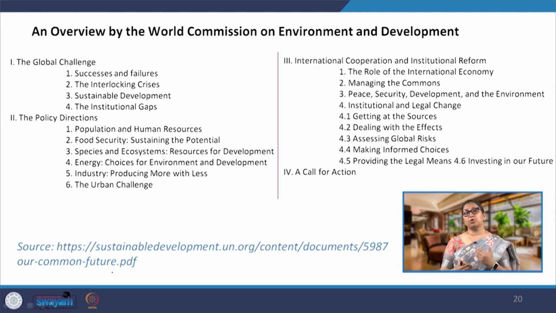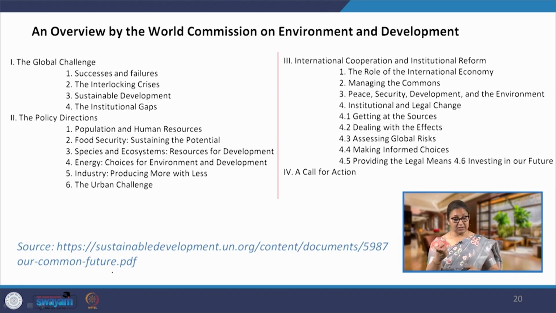And as more and more people are on the earth, more and more people are also moving to the urban areas, and so there is going to be an urban challenge. We are talking about some 40 years back, and today it remains as relevant as ever. The urban challenge is there. So, they proposed policy directions in all these areas.